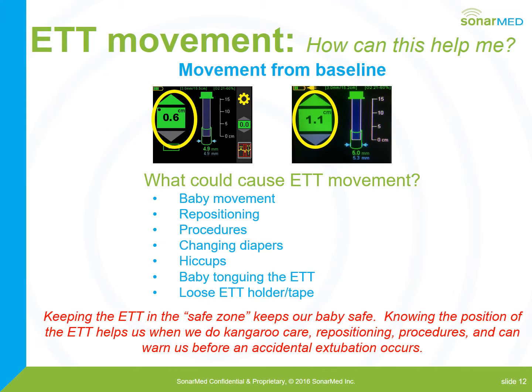If I know the tip of the tube is in the right place before I start those procedures, then I can move the baby, reposition the baby, place the baby in the mother's arms, and I know the whole time where the tip of the tube is. And if I've moved into an unsafe zone, I can quickly reposition the endotracheal tube or reposition the ventilator tubing, maybe taking a little pressure off the tube, anything like that.